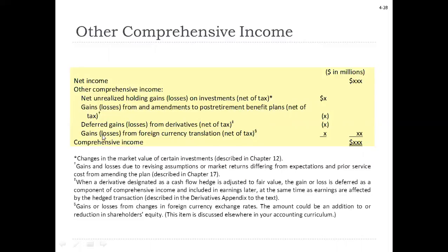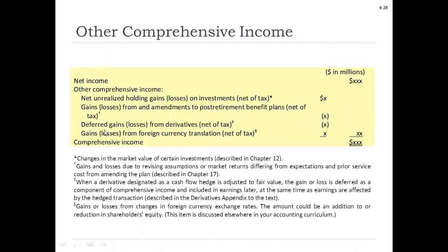Again, we'll look at all of these items in a subsequent chapter, or actually a subsequent course, but just be aware that there are these 4 items called other comprehensive income that are added or subtracted from net income to get what is called comprehensive income.